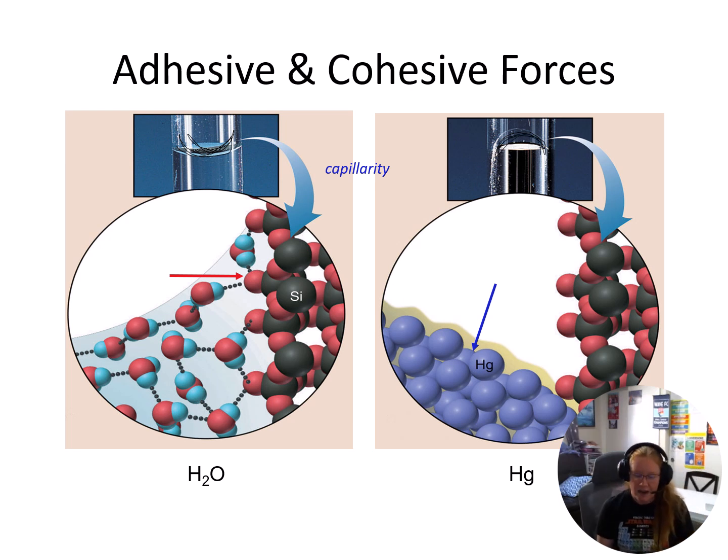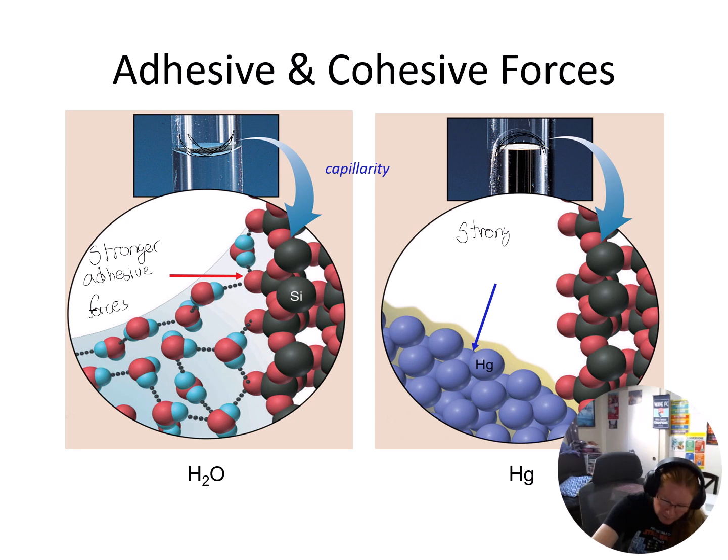All right. And that's because in water, we have stronger adhesive forces, and in mercury, we have stronger cohesive forces, because the silicon dioxide in glass can hydrogen bond.